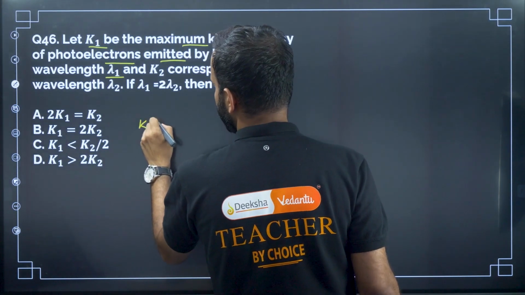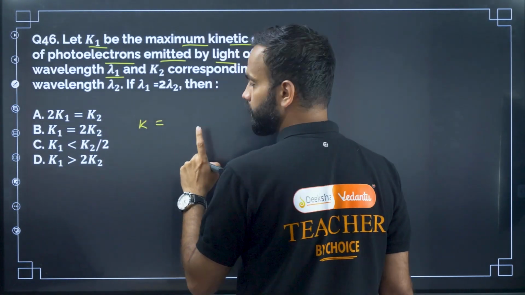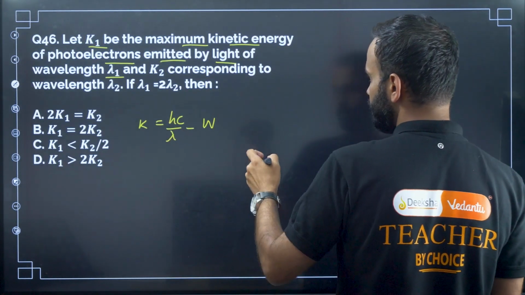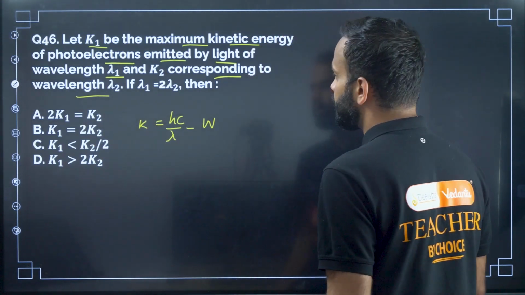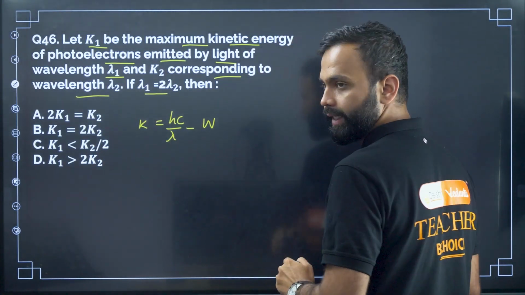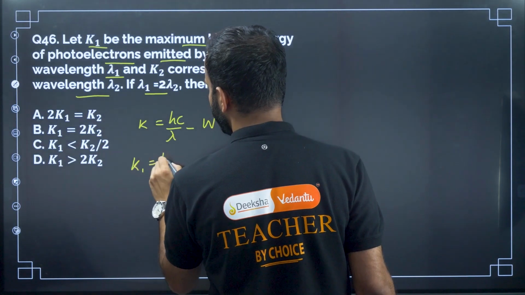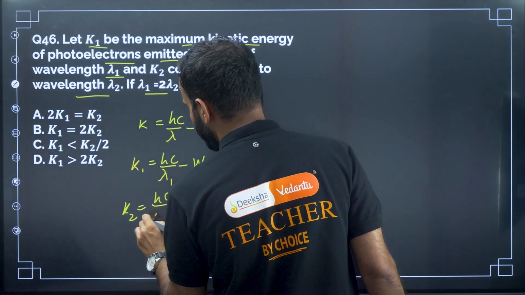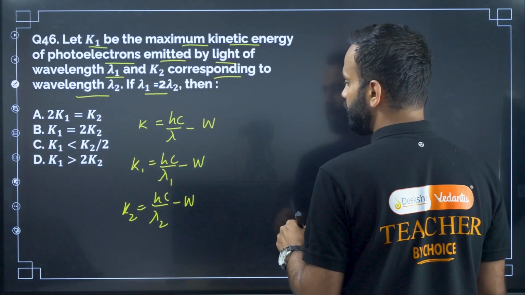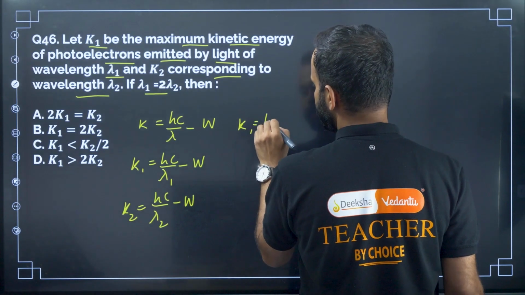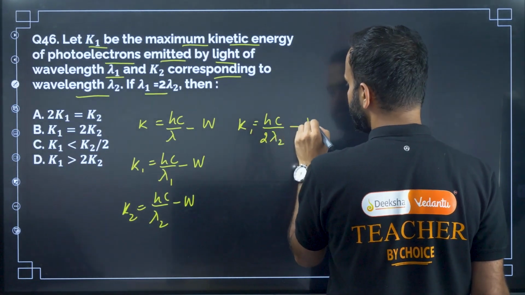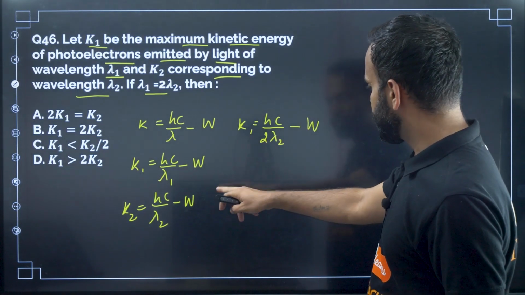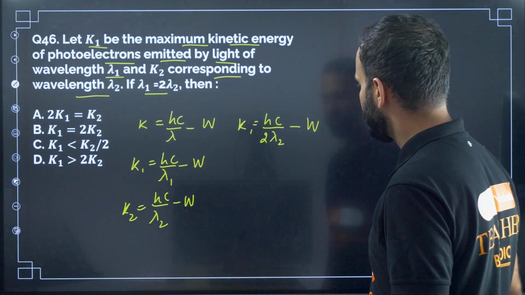K, the maximum kinetic energy of the photoelectron, is equal to the energy of the incident light, that is hc by lambda, minus work function W. K2 corresponds to wavelength lambda 2, and lambda 1 equals 2 lambda 2. So K1 is equal to hc by lambda 1 minus W, K2 equal to hc by lambda 2 minus W. Lambda 1 equal to 2 times lambda 2, so K1 equal to hc divided by 2 lambda 2 minus W. Okay, so now hc by lambda 2 minus W is K2, right?